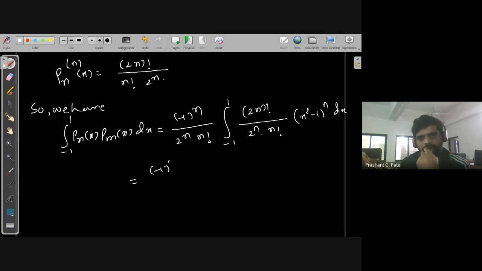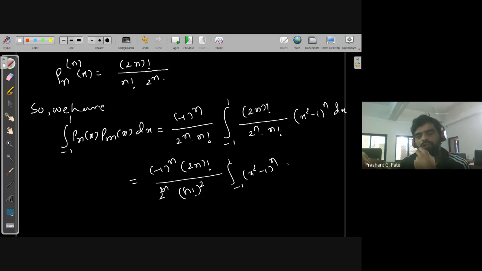It is (minus 1)^n into 2n factorial upon 2^n whole power 2, so that is 2^(2n) and n factorial square, the integral from minus 1 to 1 of (x squared minus 1)^n dx. Now the question is how to solve this, and the answer is probably using the reduction formula.